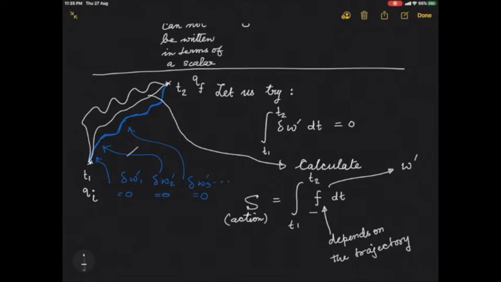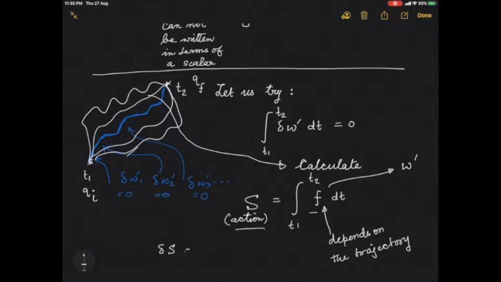But we say that there is something for each trajectory which I can put in here and calculate the action, calculate this integral value. For each trajectory I will get an integral value, and we know if this is w prime, for that trajectory, w prime will have a certain value. So it will not be 0.